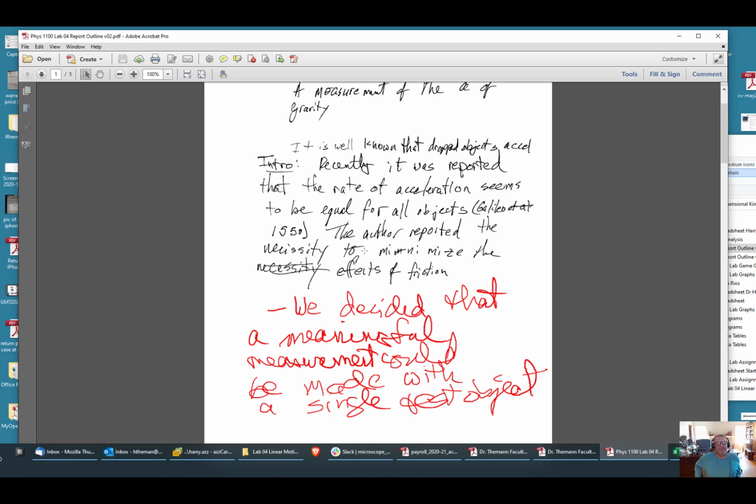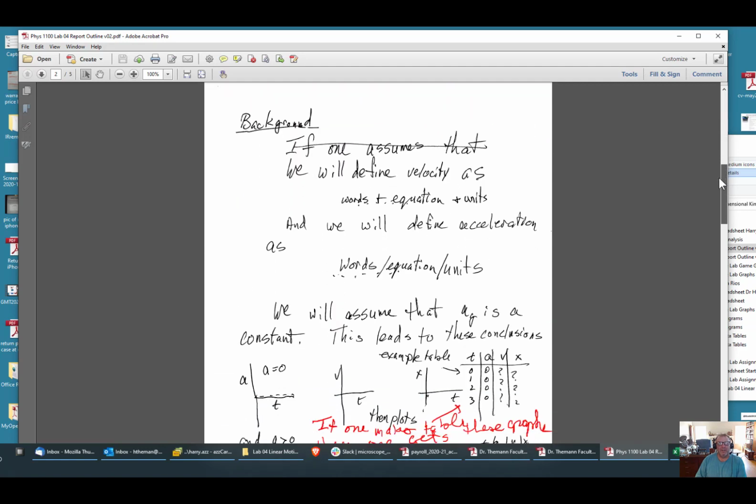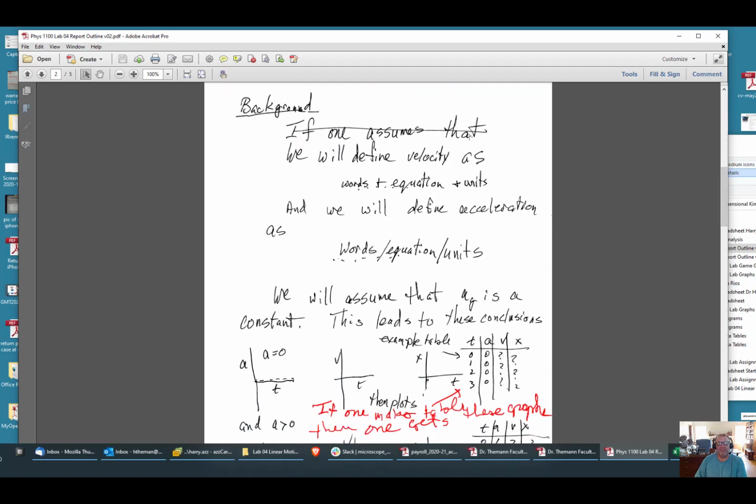So, because of the results, we decided that we could attempt a measurement of the acceleration of gravity using only a single object, as this was the mechanism available to us.